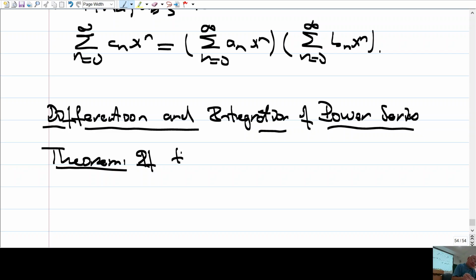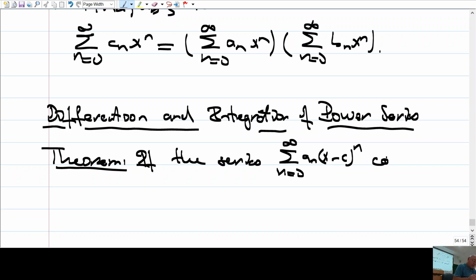If the series, the sum of a_n x^n, as I said, we can take it like this.